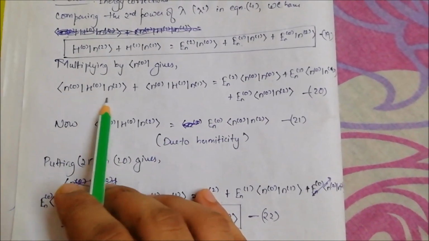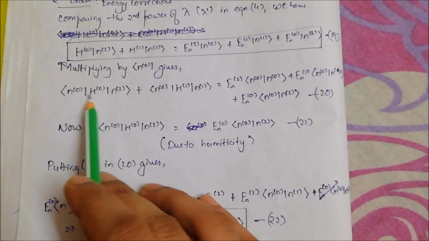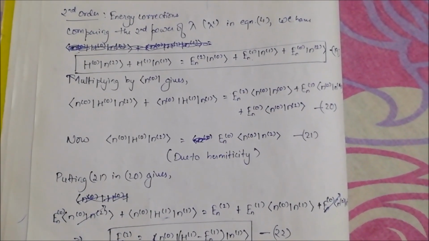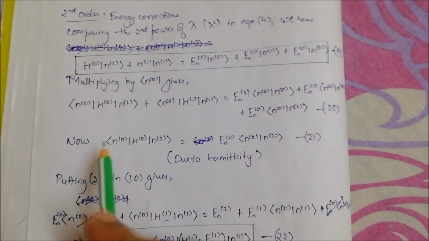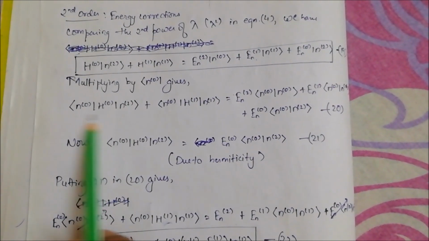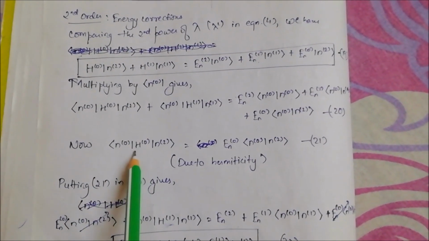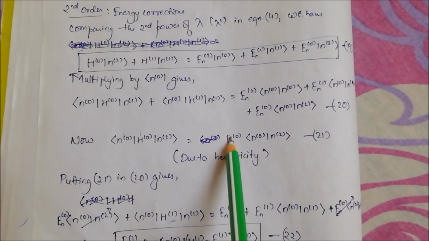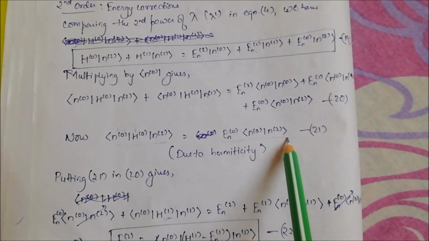Now we know that the initial undisturbed Hamiltonian is Hermitian, so it can act on either bra or ket, any one of those. So instead of this, I can write that H0 is operating on n0 to give En0. So this turns out to be this.